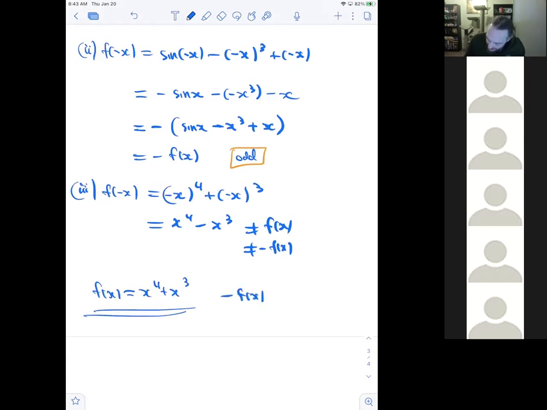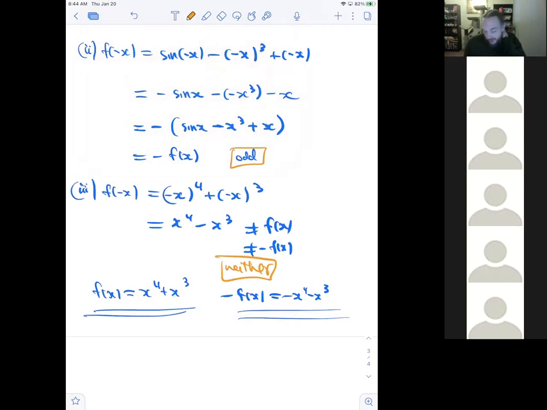Negative f of x is negative x to the 4 negative x cubed. But our function has one positive and one negative term. f of x needs two positive terms. Negative f of x needs two negative terms. So this has no symmetry. This is neither even nor odd.